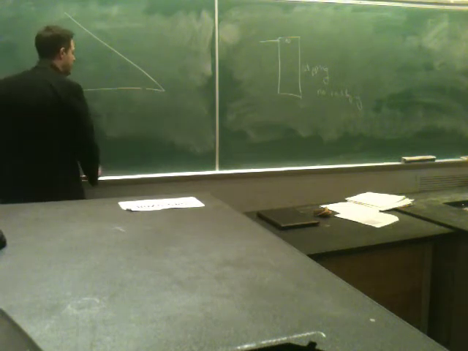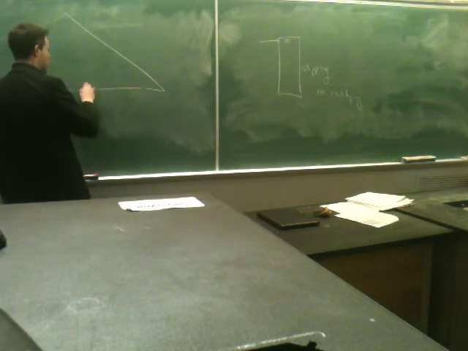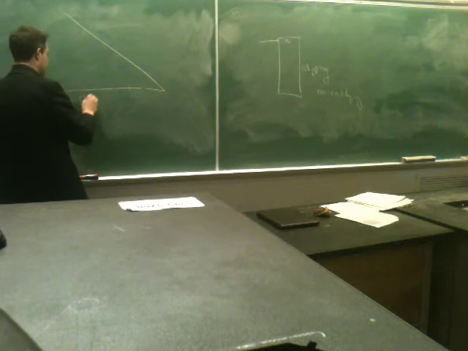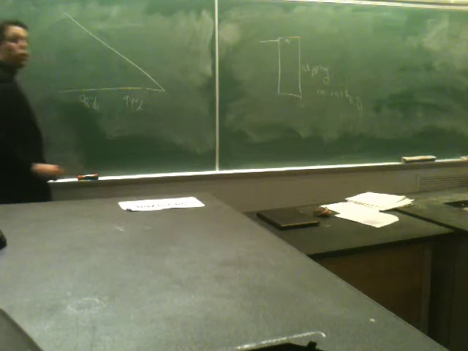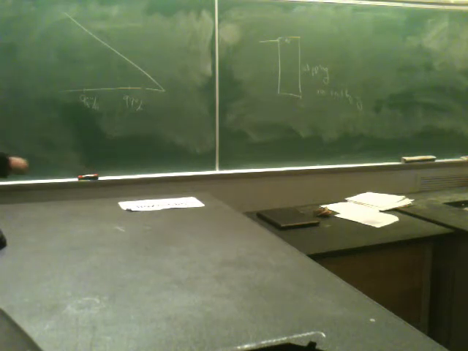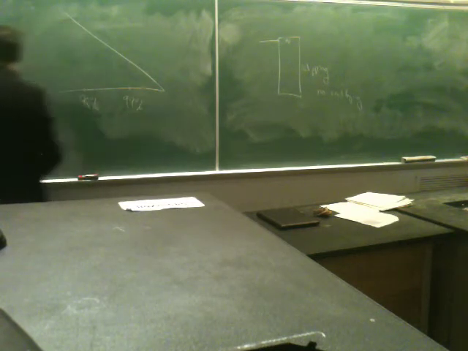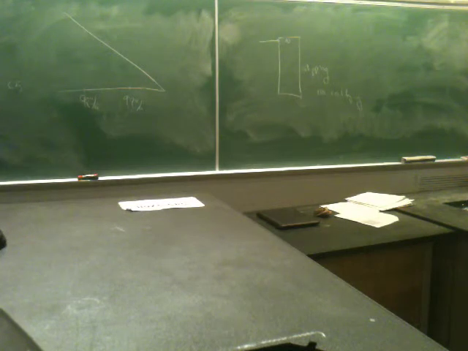I'm blowing this up a lot, because I have chalk, so I can do whatever I want. So there's 98%, there's 99%. And I'm going to look at 99% pentane, hexane, heptane, C5, C6, C7.